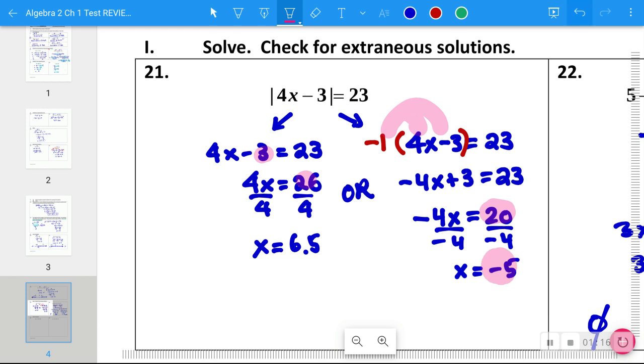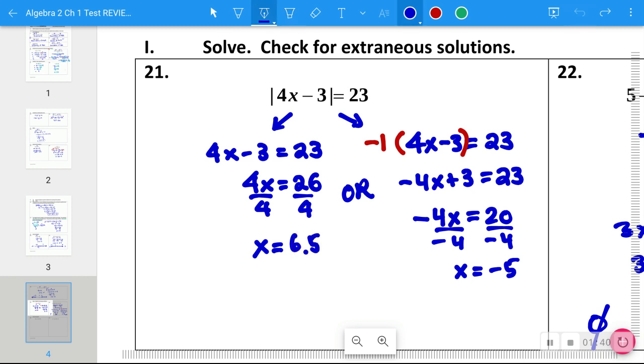So we're going to go back here and we're going to check these answers, starting with the 6.5. 6.5 times 4 is 26. 26 minus 3 is 23, and the absolute value of 23 equals 23. So that worked out just fine.